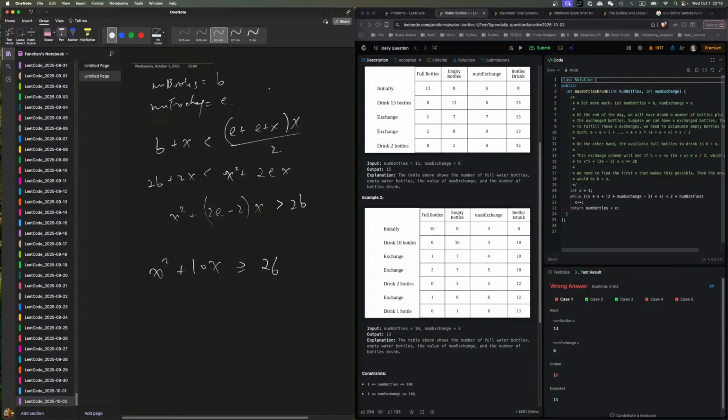So basically means we cannot do another exchange. There is some off by 1 issue here.